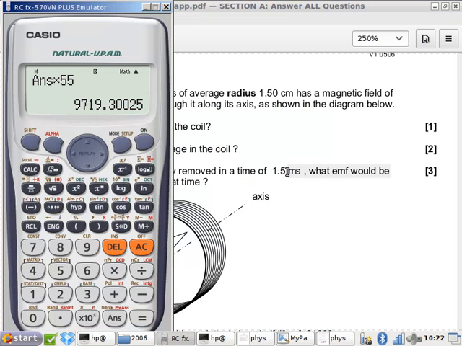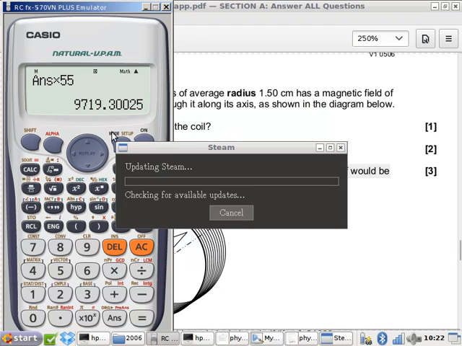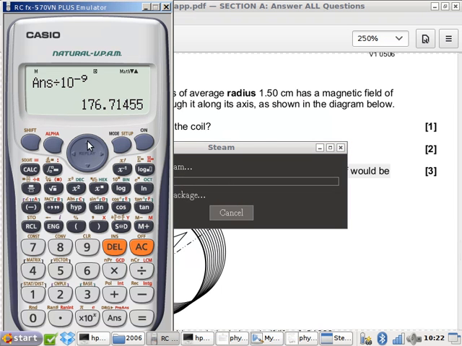Sorry Monica, what was the answer for part 2? Divided by how many milliseconds? 0.0015. So the voltage is 6.5 millivolts.